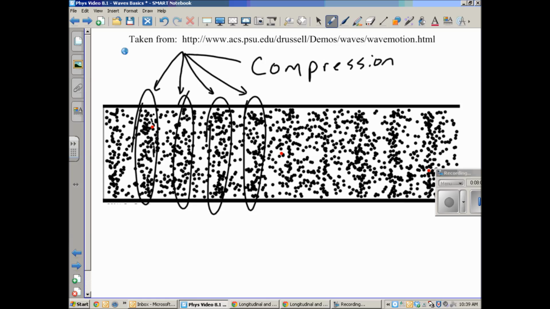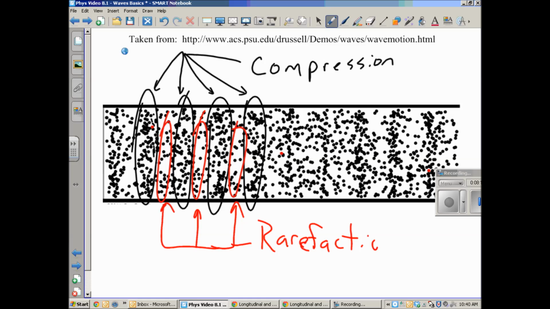There are also these other spaces where the particles are farther apart. Those are called, and this is a weird word, a rarefaction. Rarefaction. Those are caused just by the particles vibrating back and forth.